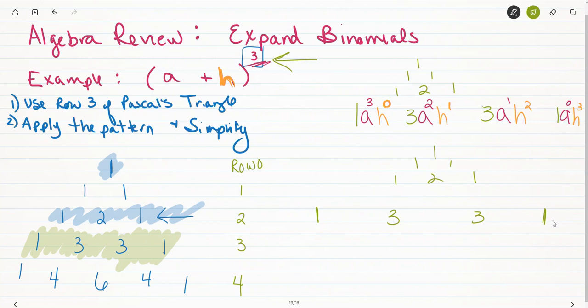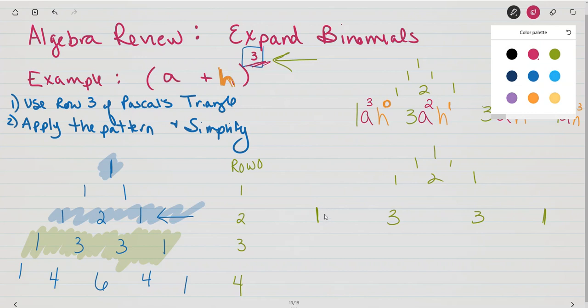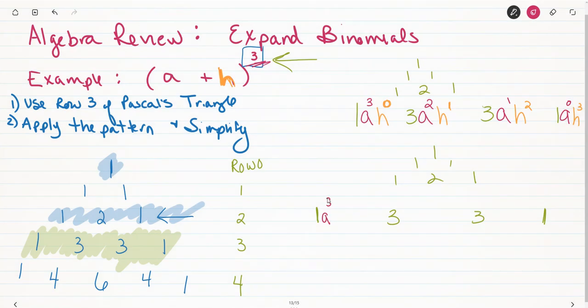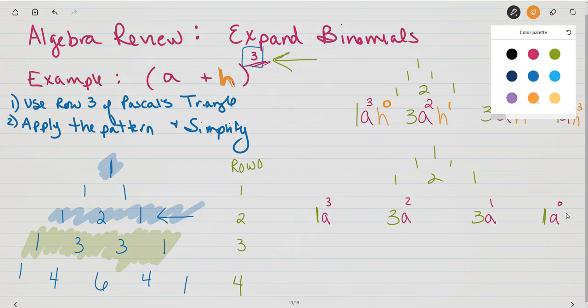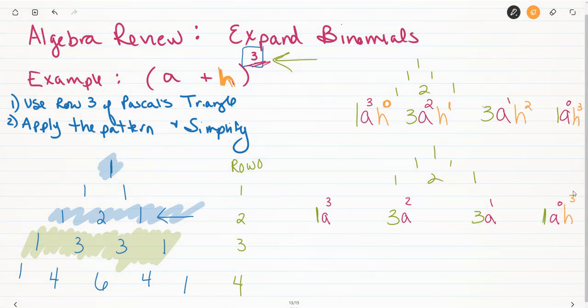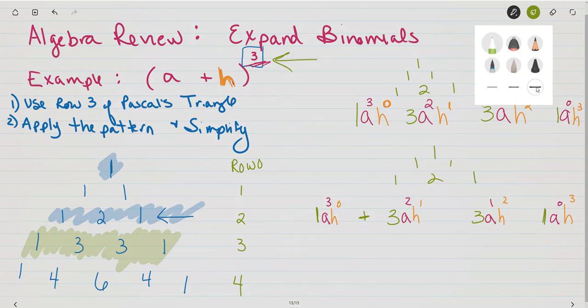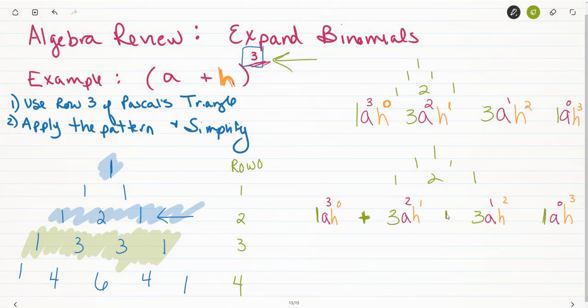So I start by getting Pascal's triangle row 3, and then I'm going to put with each of these an a term, starting with an a cubed, and then a squared, a to the 1, a to the 0. Now I'm going to do the same thing with the h's, except I'm going to start from the back, h cubed, h squared, h to the 1, and h to the 0. And the only thing I need to do, other than simplifying, is to recognize that these are all being added.